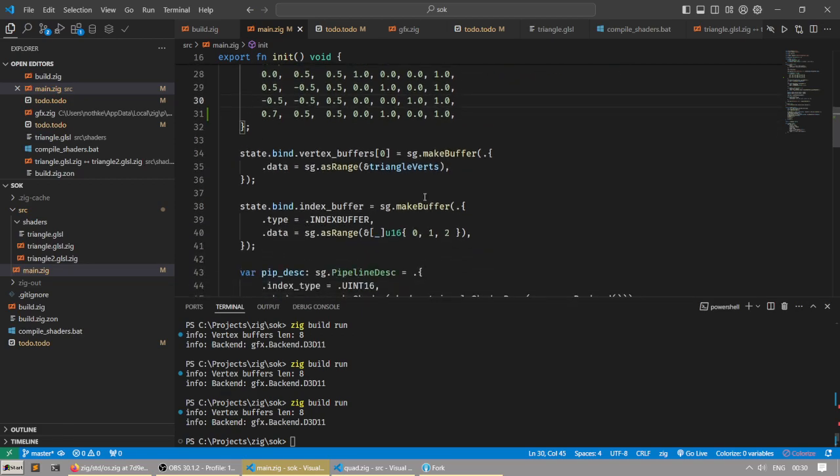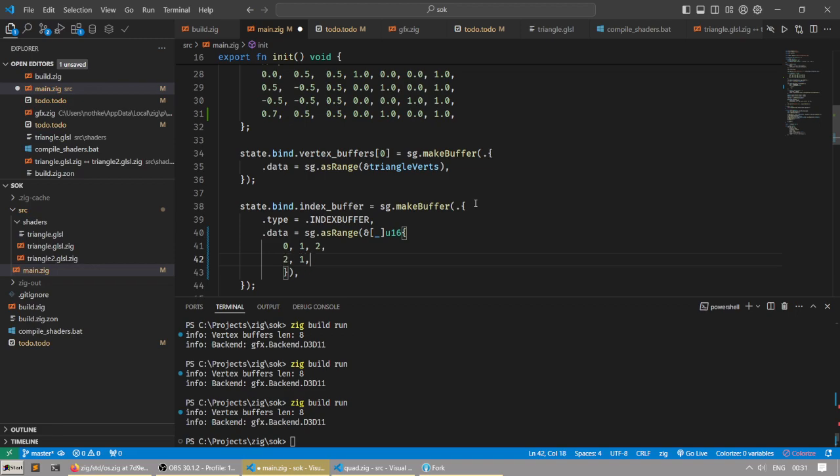Yeah, and let's add a new triangle here. So actually, let me put it like this, and hopefully we will be able to do it like this. So 0, 1, 2, and so the next one should be 0, 2, 3, I think, if I'm not mistaken.